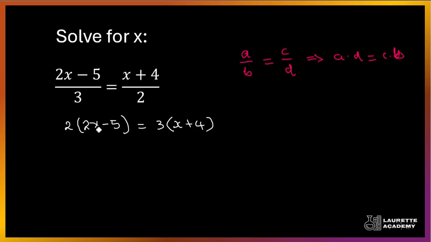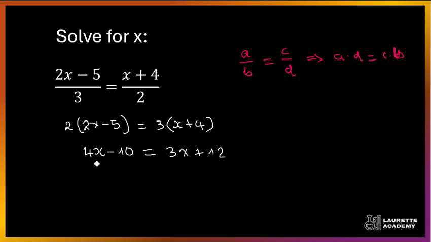Here we have 2 times 2x, this will be 4x, 2 times minus 5, this is minus 10, and this is equal to 3 times x, this will give us 3x, 3 times 4, this will give us plus 12.